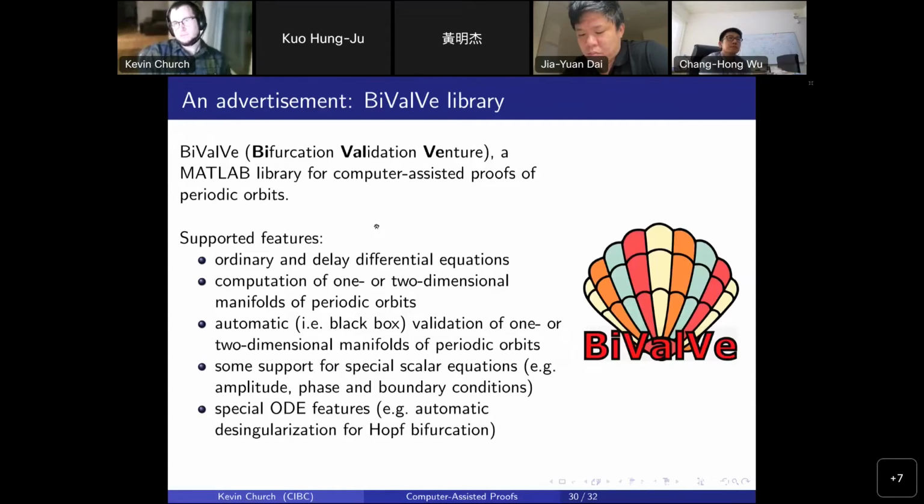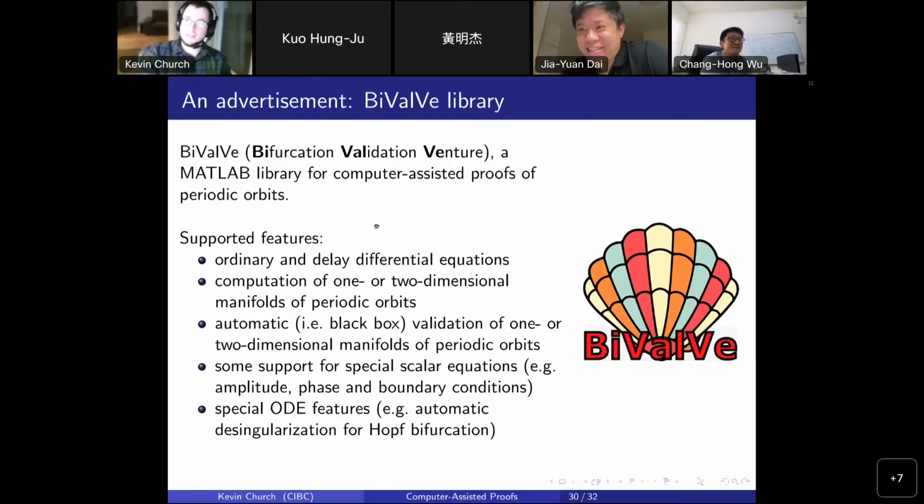So if you think you have a problem that falls into the category of proving a periodic orbit in an ODE or a delay differential equation, with or without continuation, then send me or Elena an email and I'll tell you whether this library can do it.